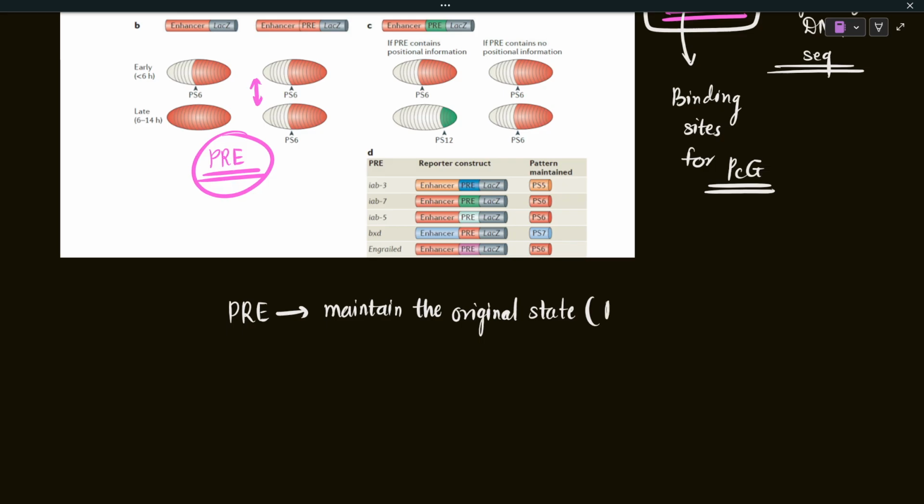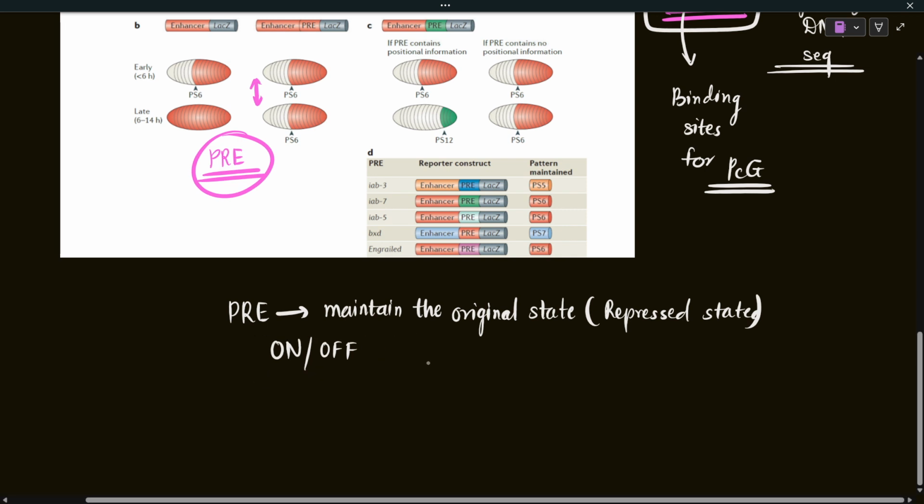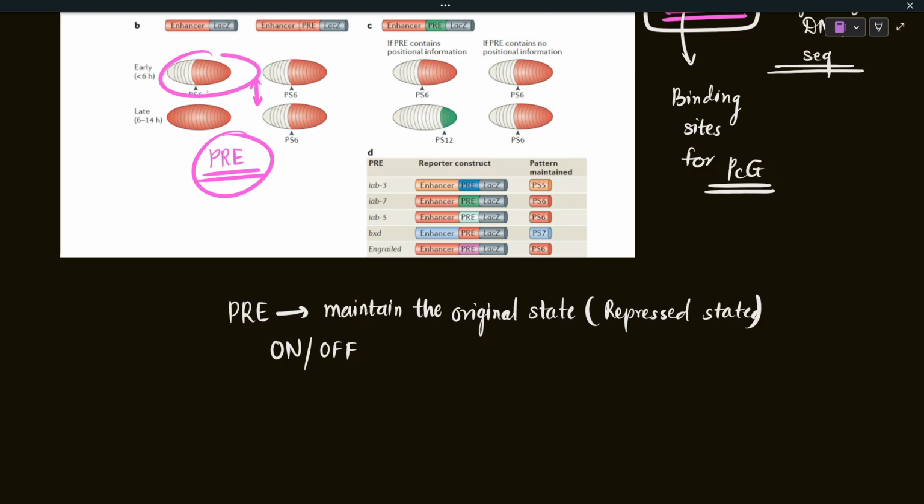Here it is the repressed state. The PRE only maintains the on or off state of a certain gene which is already set in early development. Whatever is set in early development is maintained by the Polycomb response element in the later stage, but it does not have any positional information.